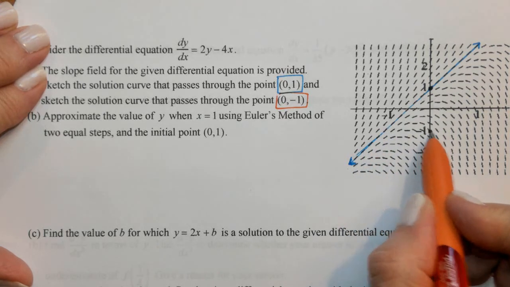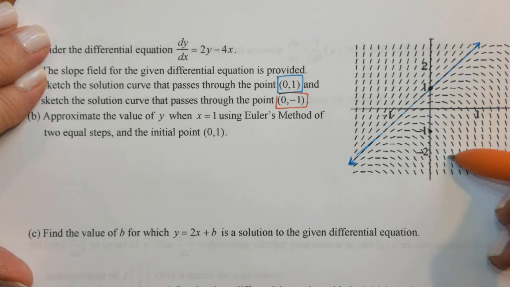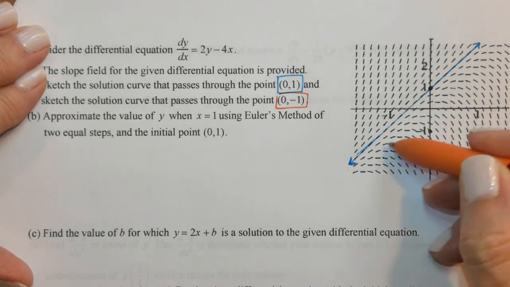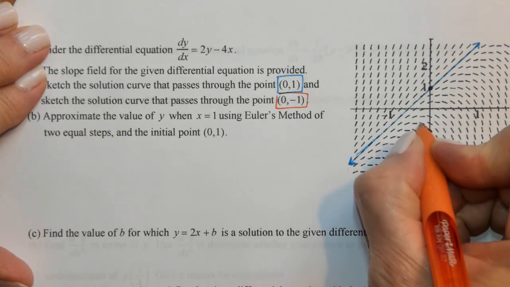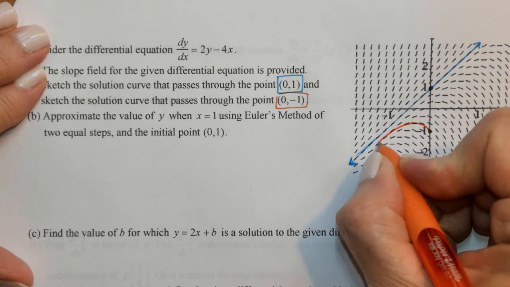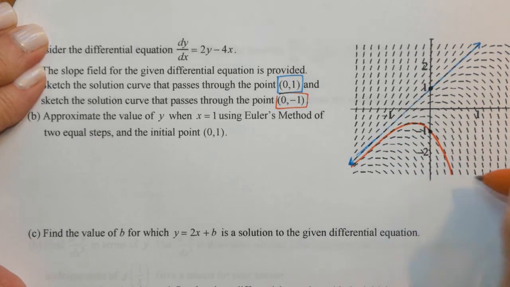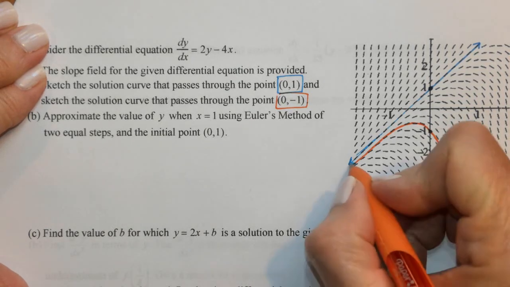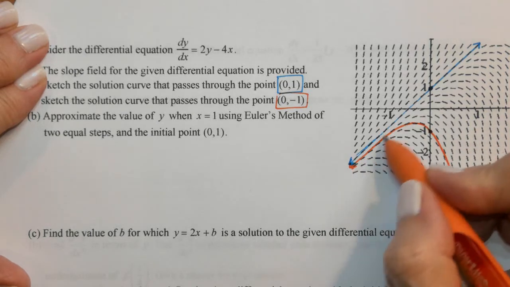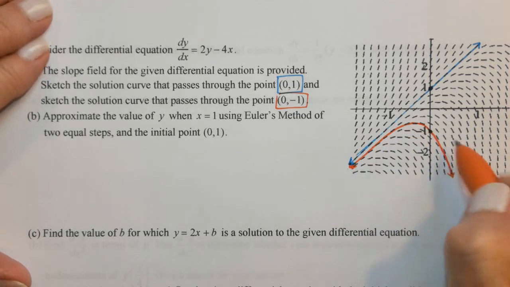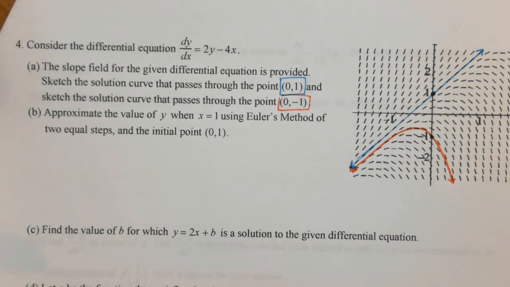It's going to do that, and then it's going to come down here, something like that. So I'm going to follow your slopes along. Just like that. You don't have to put arrows, but I do need to see it go all the way through your graph there. Okay?